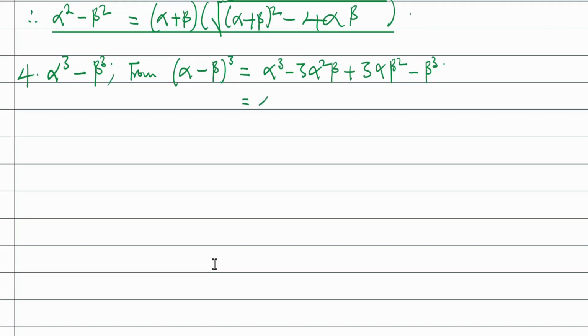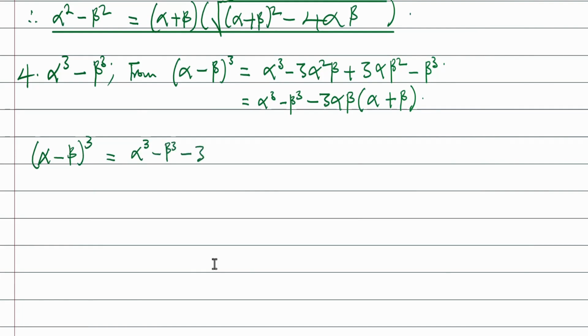So as we simplify, this is the same as alpha cubed minus beta cubed, then minus, the common factor here is 3 alpha beta into alpha plus beta. So as we simplify this, we now have alpha minus beta, the whole of it cubed, being equal to alpha cubed minus beta cubed minus 3 alpha beta multiplied by alpha plus beta.